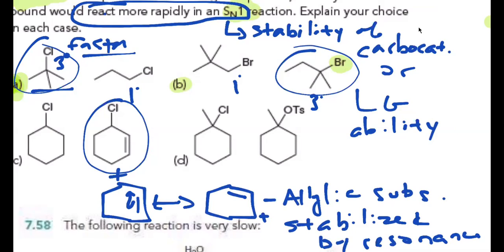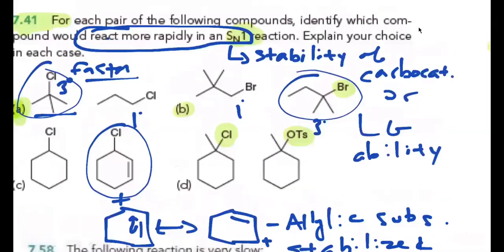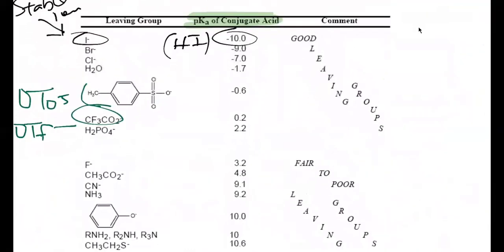All right, what about the last one? What are you comparing in that case? The leaving groups are different, both on tertiary substrates, so now we need to figure out which one is better. Let's go back up to our list. Oh, here we go. What was it? Tosylate and what was the other one? Chlorine.